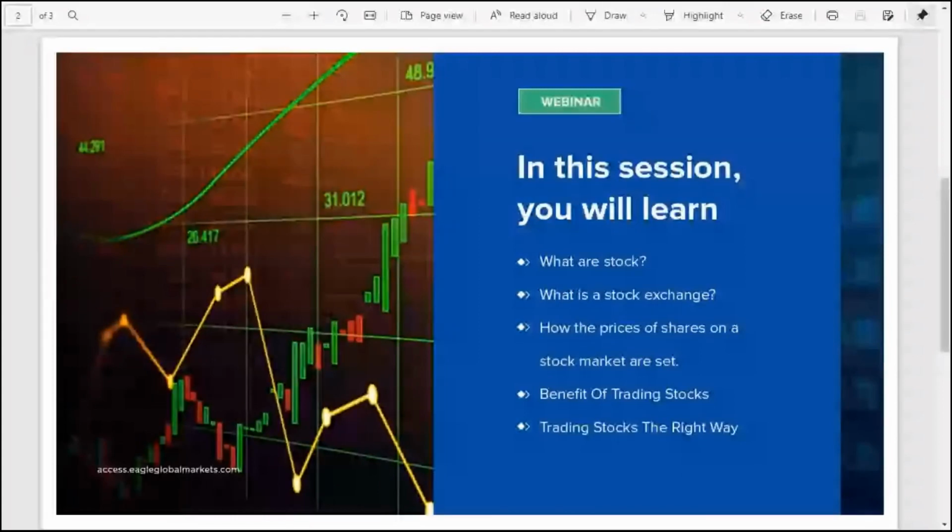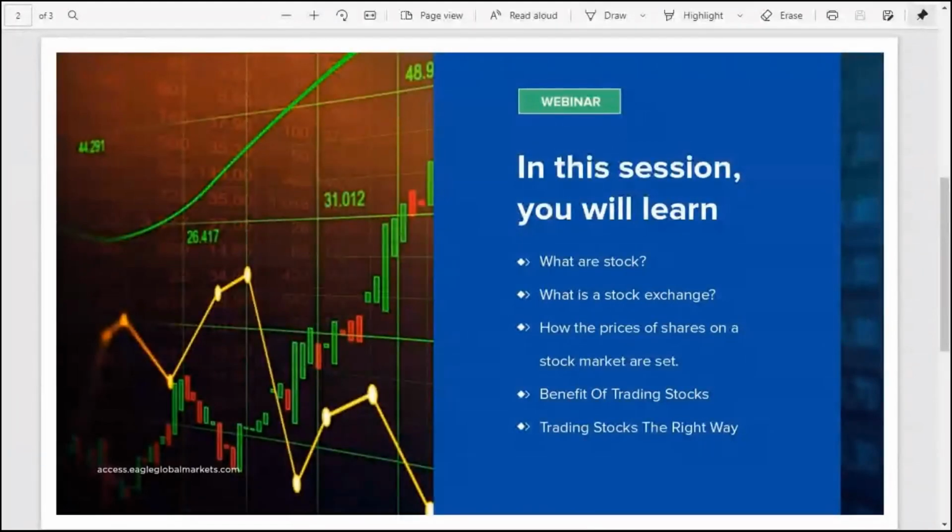So to the next thing right now, what is a stock exchange, or what are stock exchanges? Remember we said Forex is an OTC, over-the-counter based market, where you can exchange your dollar for naira, naira for dollar.